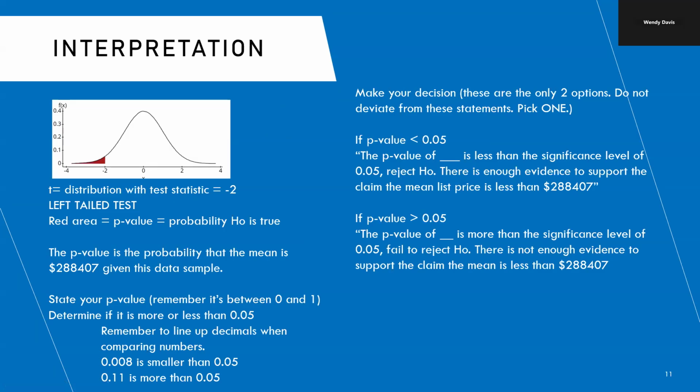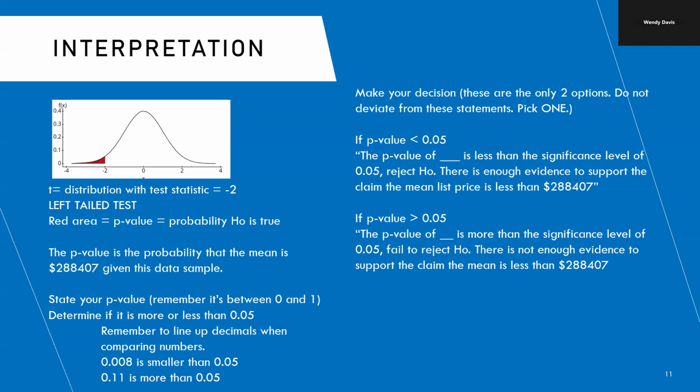So the first hypothesis, what does all of this mean? Here's an example of a left-tailed test. What does that p-value represent? Here's a t-distribution with a test statistic of -2 and a left-tailed test. It asks you about where the test statistic is and what the p-value is.